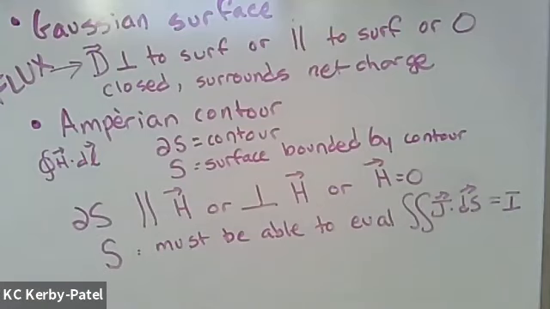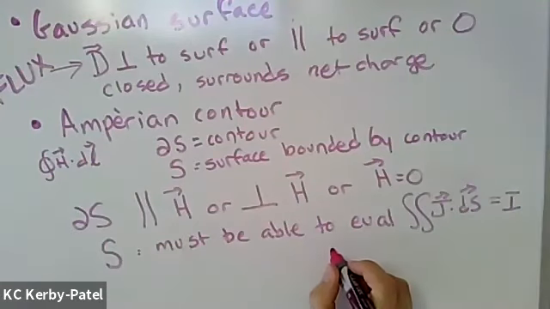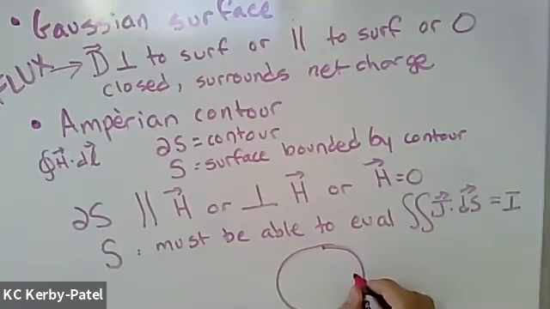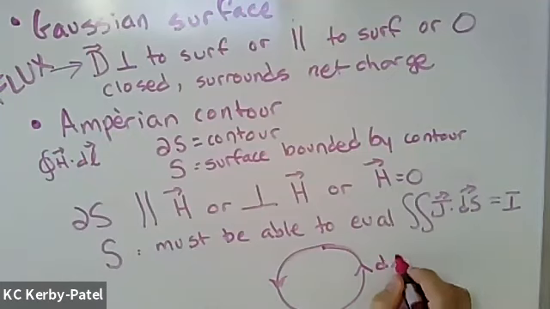Any questions about Amperian contours? I guess defining the path for dl was a little confusing to me. The path that the current, I mean, it defines an area that the current sort of pierces. Yeah, it's as though you are defining some area, and like this is dl, right, along here.